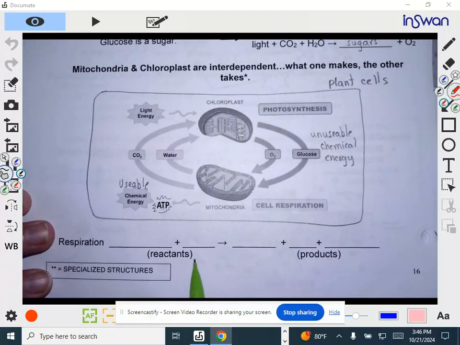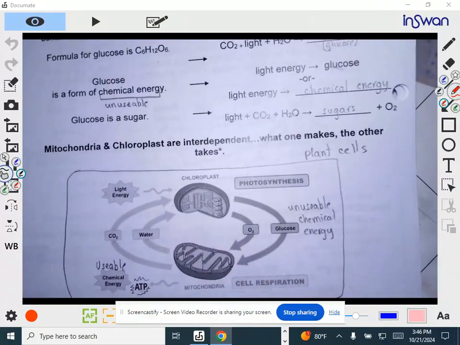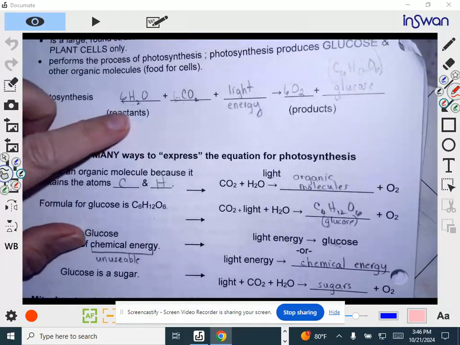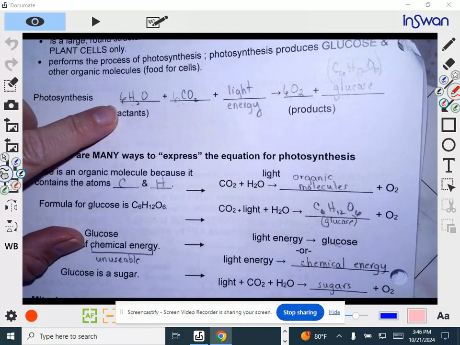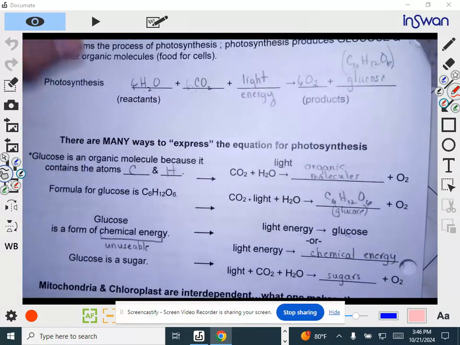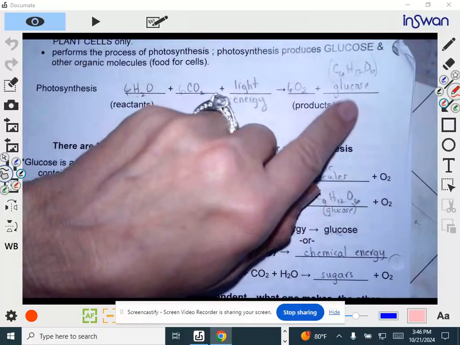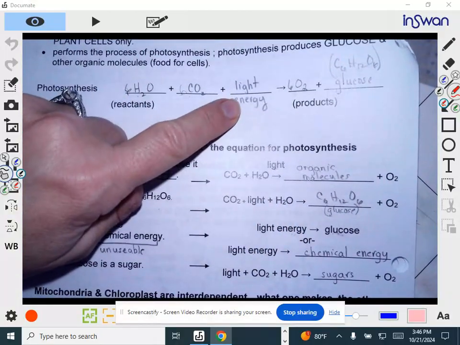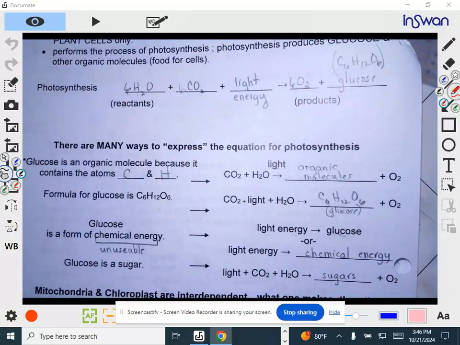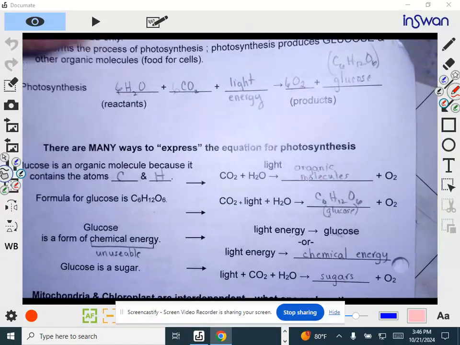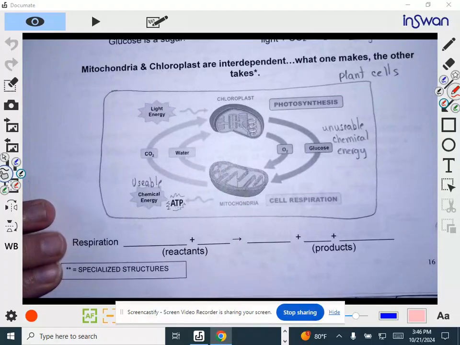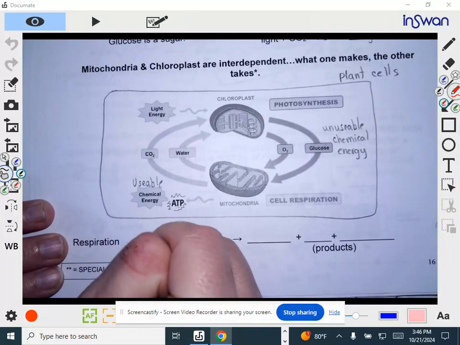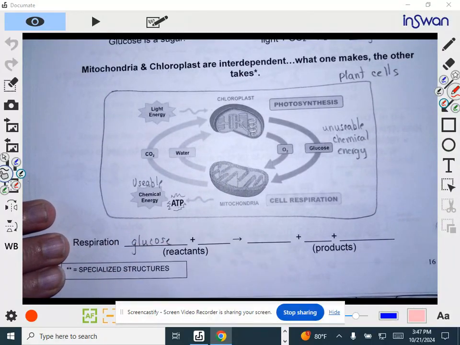So again, if I have right here, I say this is the equation for photosynthesis. If you know it, you should automatically know the equation for respiration. If we just write this one backwards and change, instead of light energy, we're going to put a form of chemical energy in there, ATP. So let's just write this backwards to help us remember that if you write photosynthesis backwards, you get respiration.